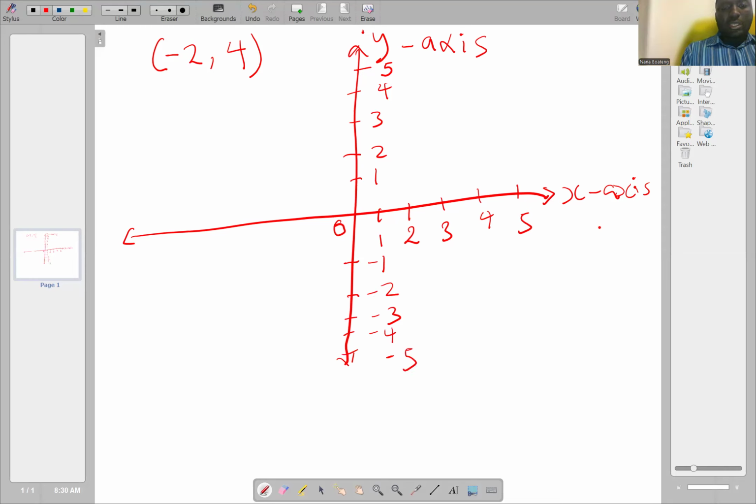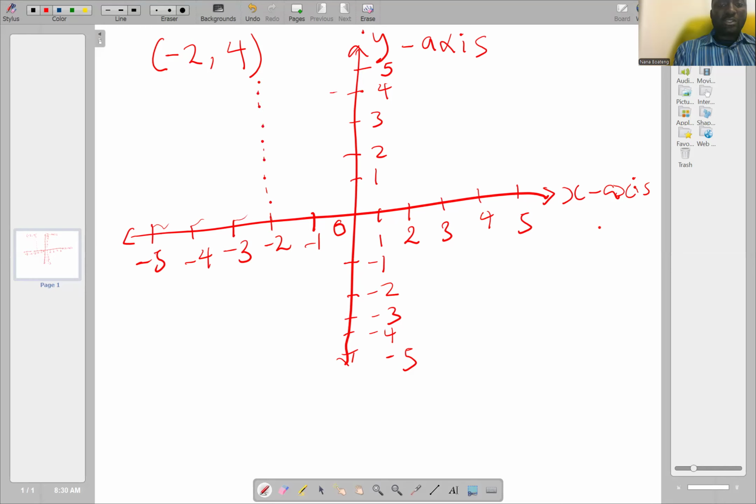And on the x-axis to the left, you have -1, -2, -3, -4, and -5.